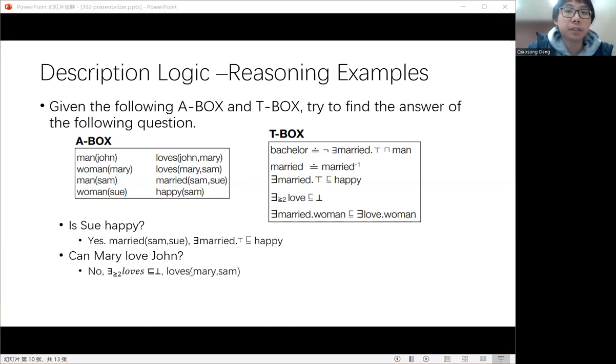And the last question is, is John a bachelor? Yes, because the A box doesn't give any assertion that John has got married, but it tells us John is a man. And the T box sets a rule that only an unmarried man is a bachelor. So John is a bachelor, right?